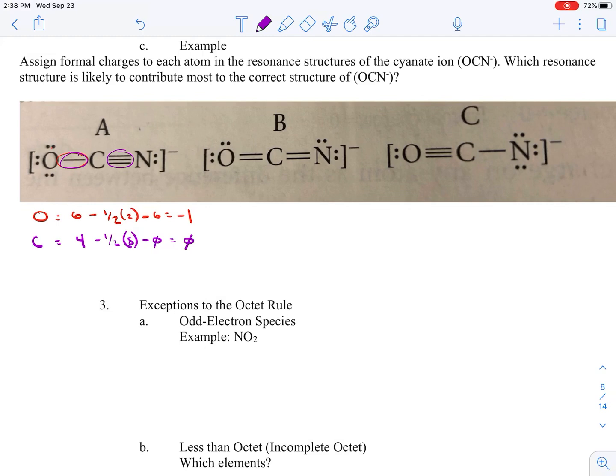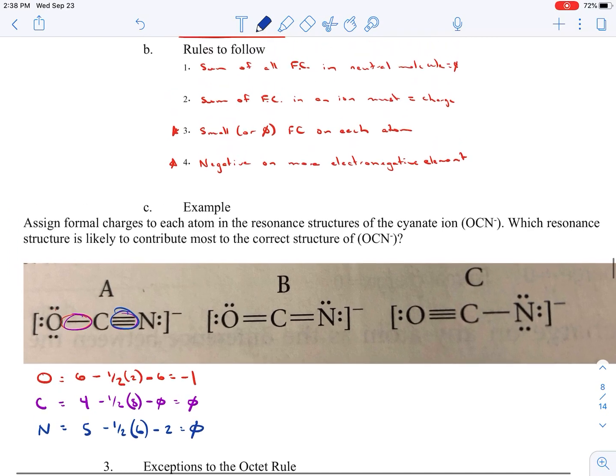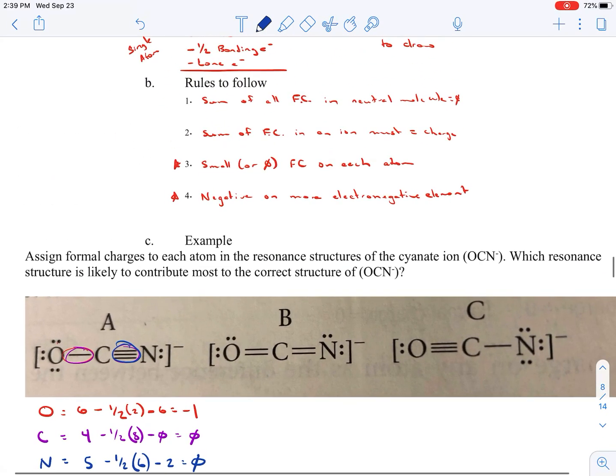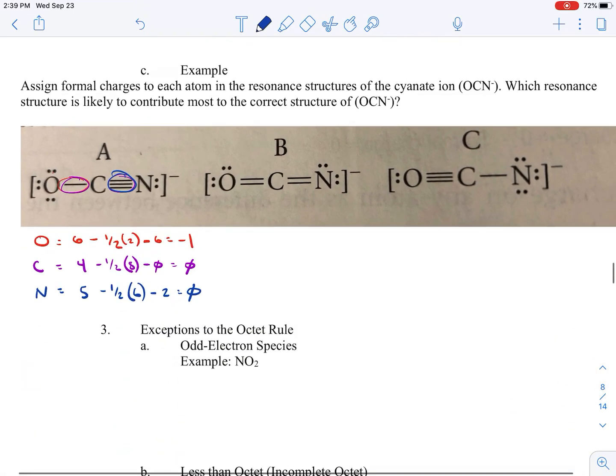If we do N, we've got 5 valence electrons minus 1/2 of how many bonding electrons? There are 6, so minus 3, minus 2, so this also gives me 0. That makes sense because of our rule up here: the sum of formal charges in an ion must equal our charge. Right now we have a -1 on oxygen, and that's not bad because we've got a low magnitude of formal charge.